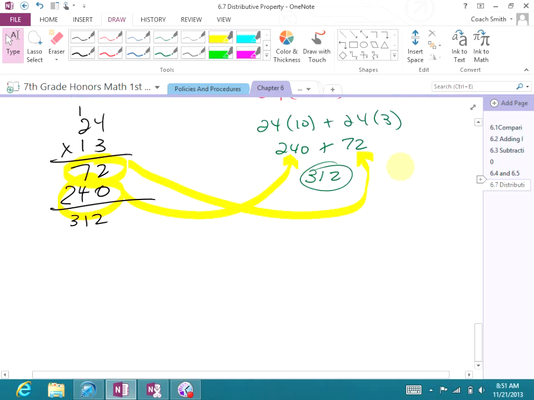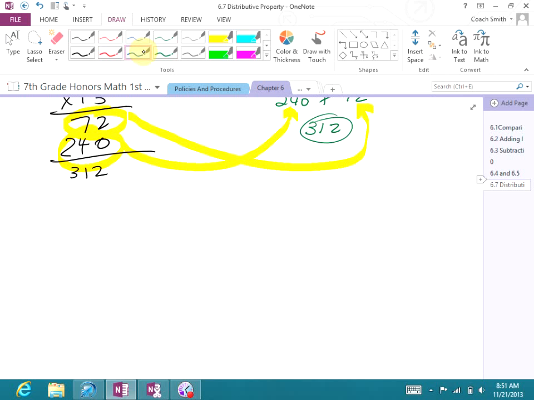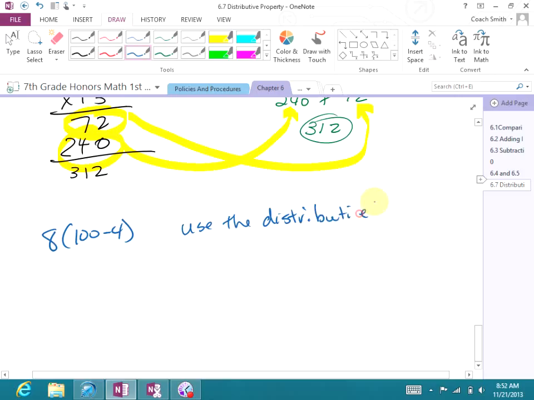Now, if they tell you, for example, they give you this right here, and they tell you to write or use the distributive property and make an equivalent expression.